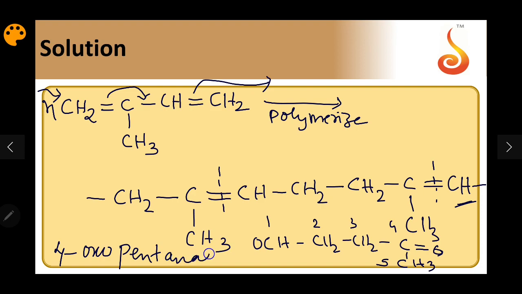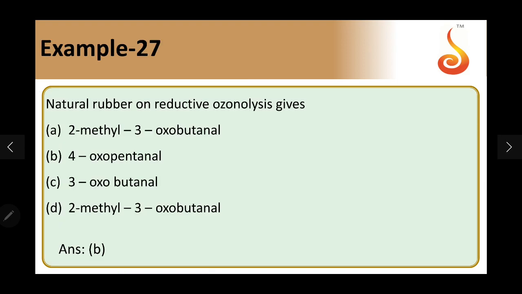So you can't take the isoprene and convert it to the ozonolysis product. You have to polymerize, get the structure of natural rubber, then break the double bonds to get the ozonolysis product. So the option should be B, 4-oxopentanal.